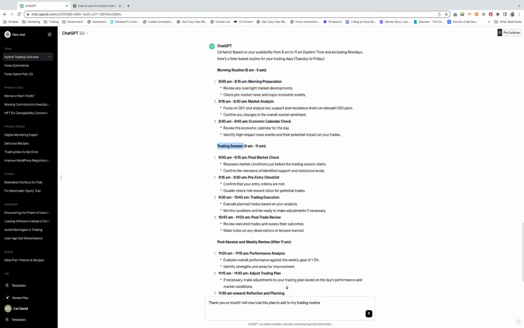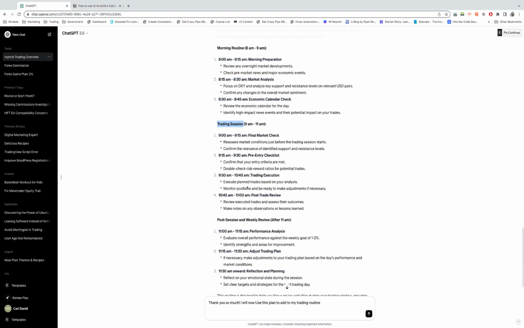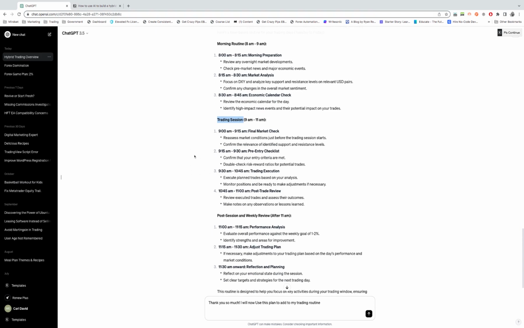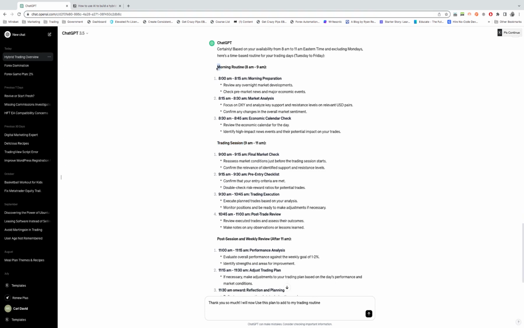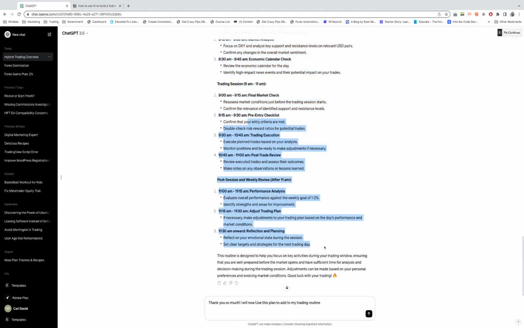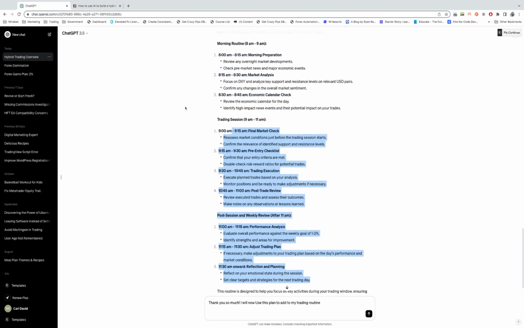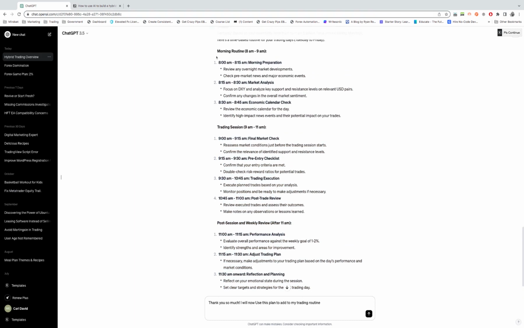Why? Because part of this whole process is to understand your data, your risk to reward, your average win rate. You would have already back tested a winning strategy. At this point, what you're doing is you're simply adding your personality, time, availability, and goals into it. So this is more like a flashcard, and the assistant is there to remind you.